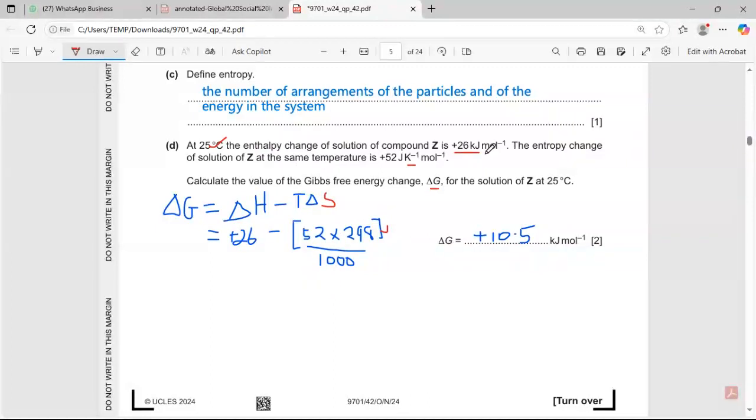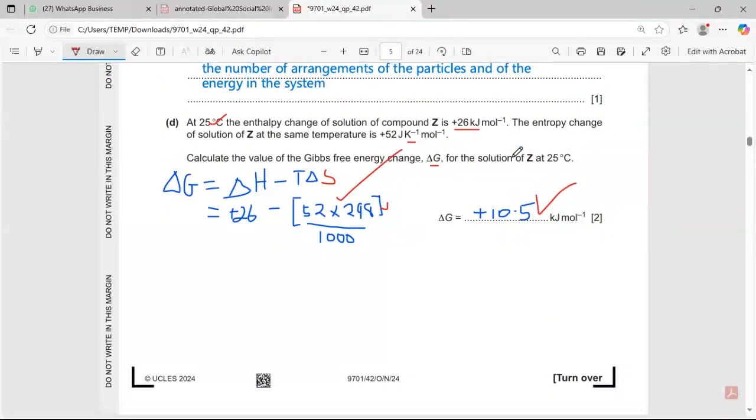But remember, why am I dividing by 1,000? The unit for enthalpy change is kilojoules per mole, so whatever you calculate should also be in kilojoules per mole. Then you get the difference, and this will be your answer. That will earn you a mark, and that one will also earn you a mark.